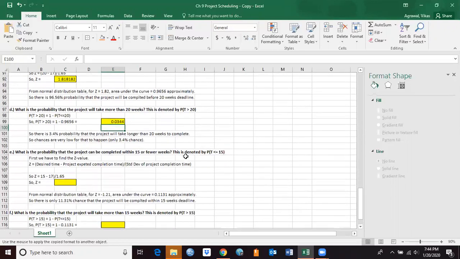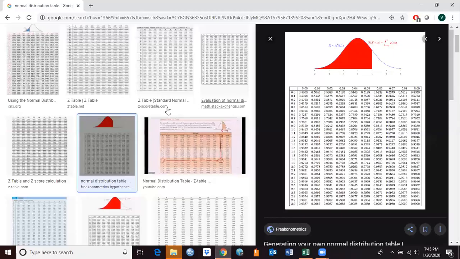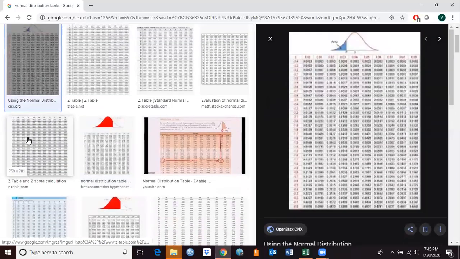So what is the probability that the project can be completed within 15 weeks, which is denoted by the project completion time taking less than or equal to 15 weeks? That means you're going to the left of the curve. So probably I'm going to use this one. This tells me up to the 0 probability.